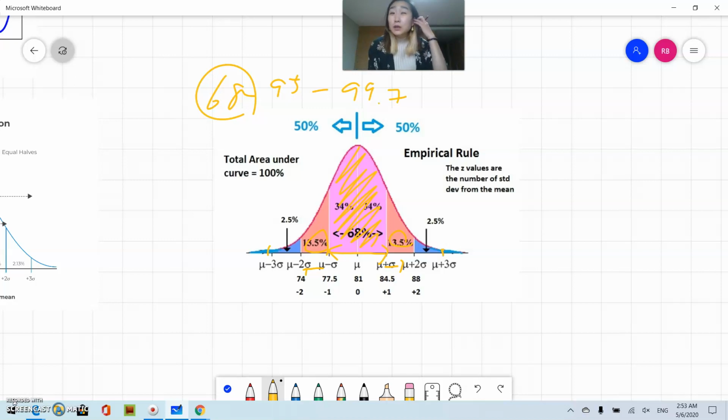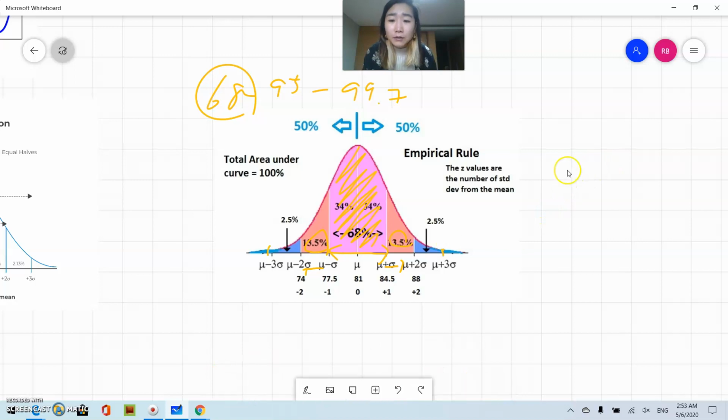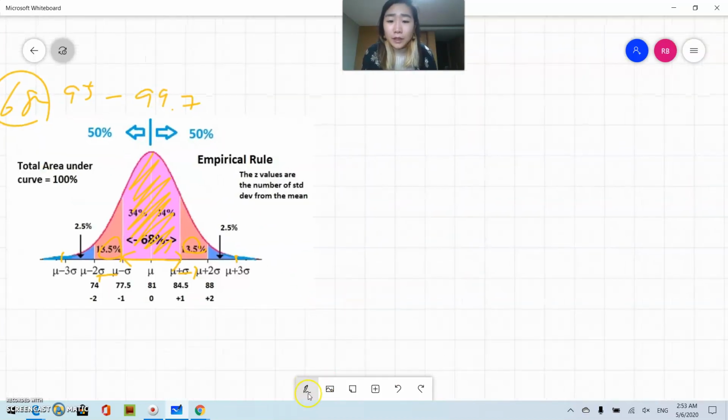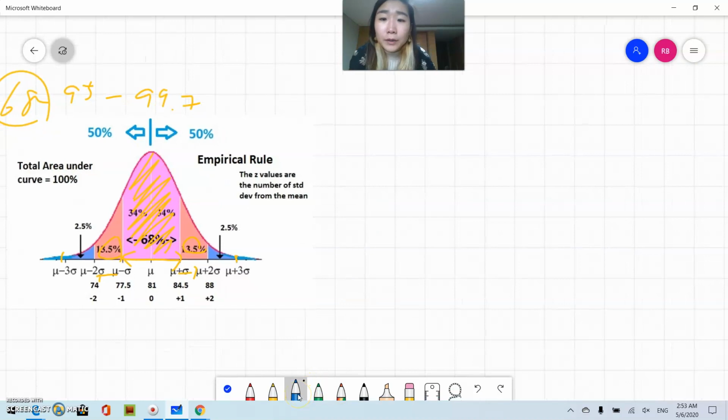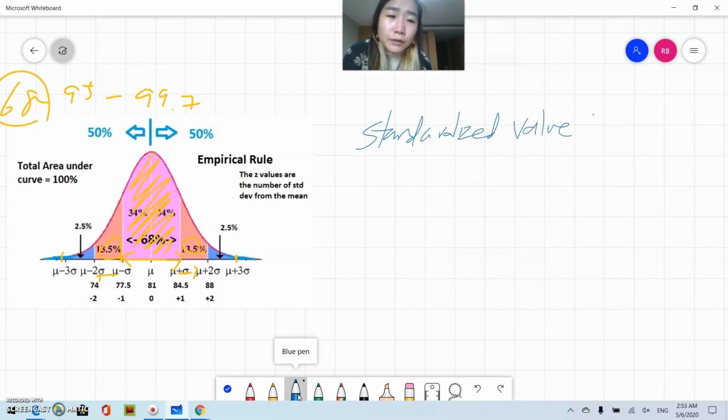So how do we know how many standard deviations away? Well, there is something called a standardized value. A standardized value is sometimes called a z-score. You guys will be taking, I don't know if you've already taken a PSAT or anything like that. When you take a standardized exam, it will always show you this kind of graph, this bell curve, sometimes called the normal curve.